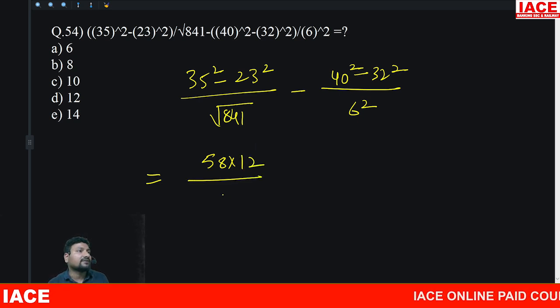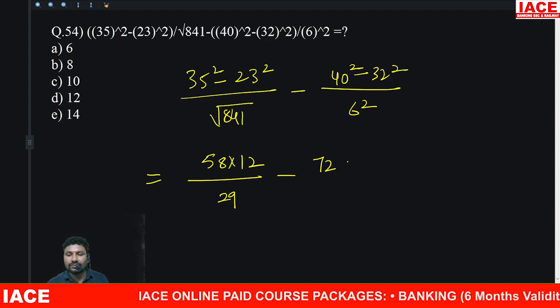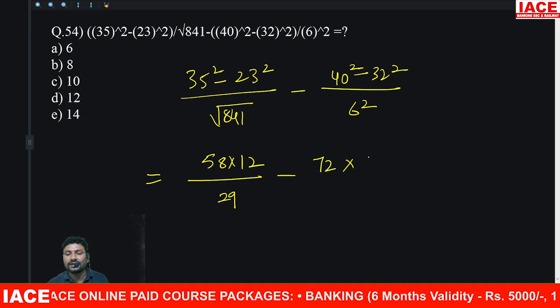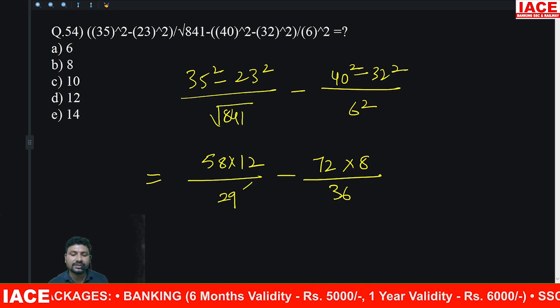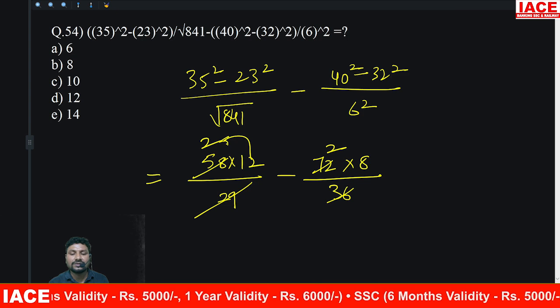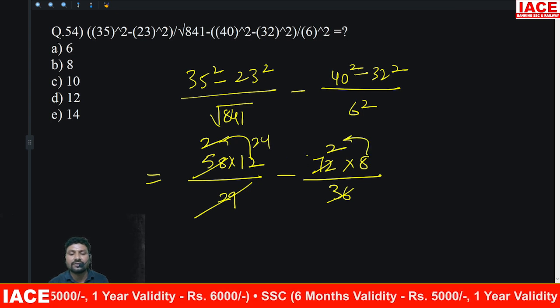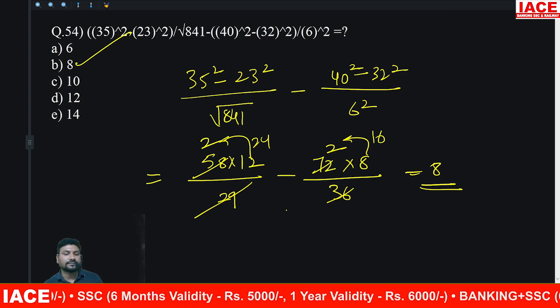Root of 841 answer? 29. And 40 plus 32, it is a 72. And into 40 minus 32, it is equal to what? 8. 6 square answer is 36. Cancel the measurements. 29 to 58 2 times, 36 to 72 2 times. 12 2s are 24, 8 2s are 16. From 24, 16 will be removed. The result is 8, option B.